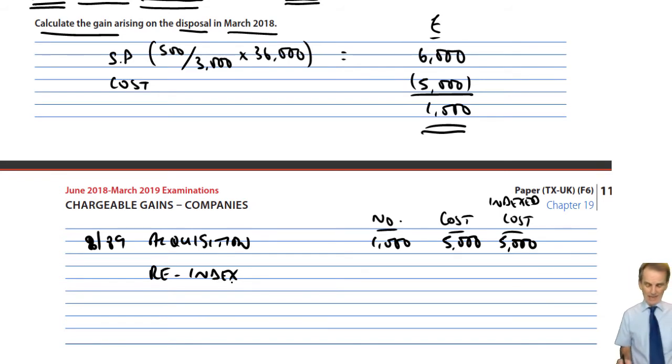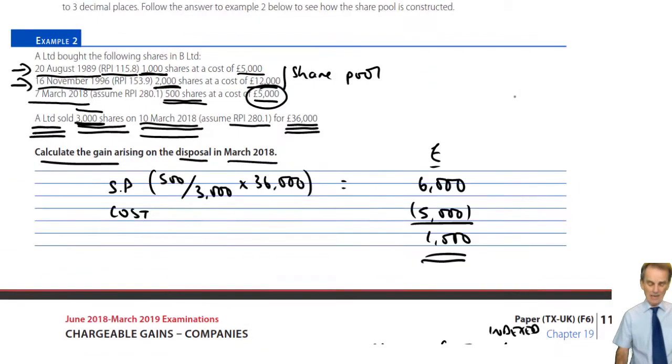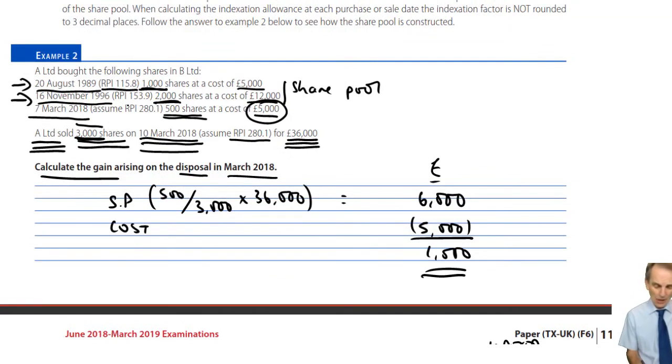We re-index. How do we re-index? We pick up the RPI now at the date of this second acquisition. The RPI there for November 96 is 153.9. Indexing from either the last indexation or, of course, as here, the first acquisition, which was back in August 89.